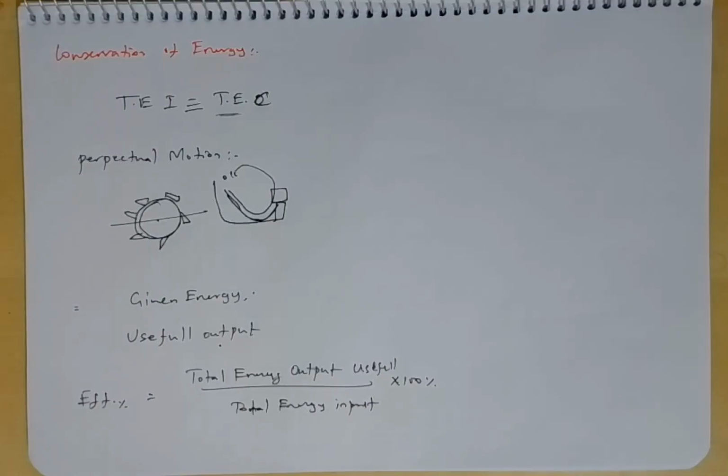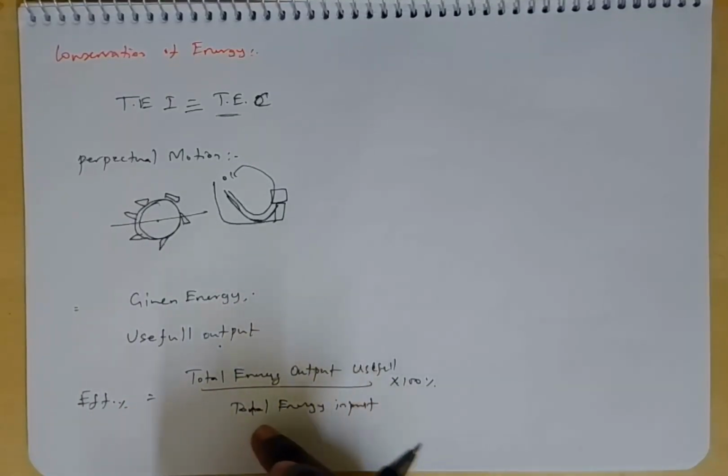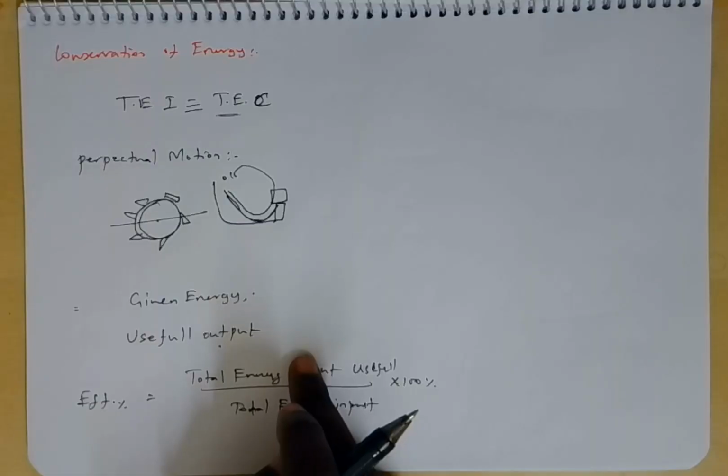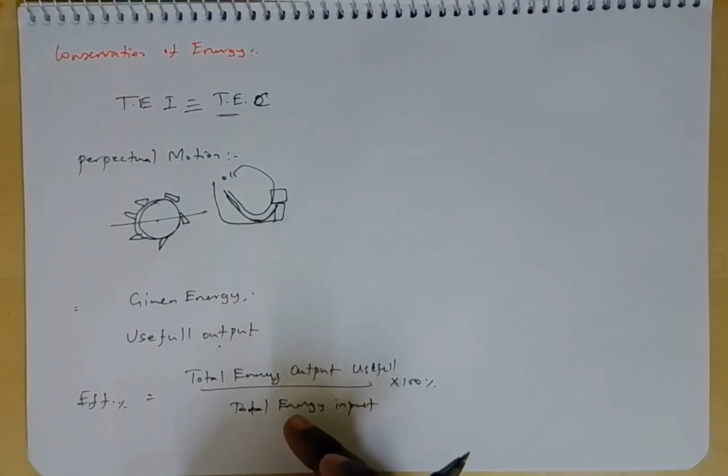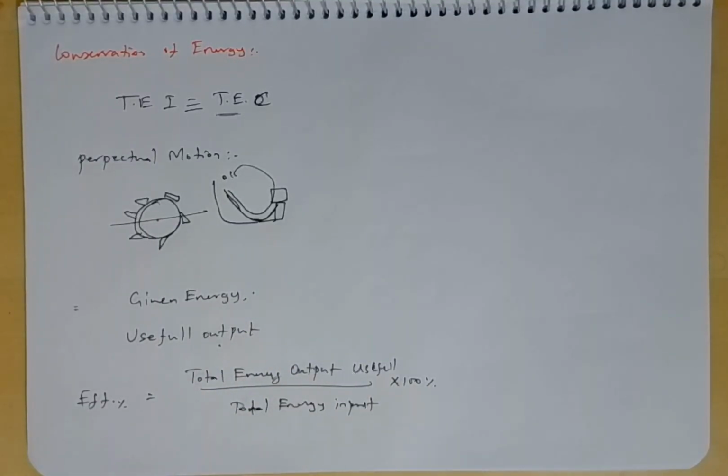In case you have any doubt in efficiency, what is up, what is down, this number should never get one. It should always be less than one. So the bigger one should be in the denominator. Okay, so you can remember in that way.